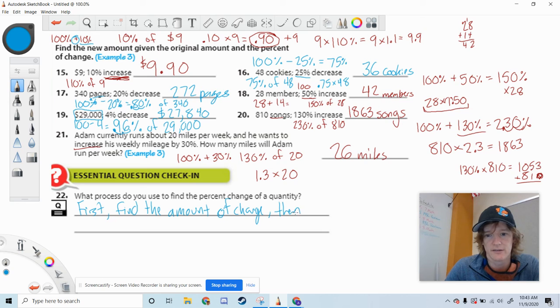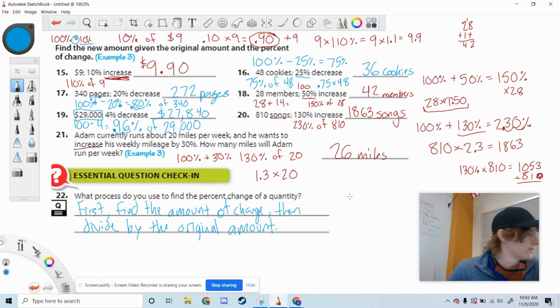So then divide by the original amount. So on those number 1 through 14, what you needed to do is find out the amount of change and divide it by the original amount.